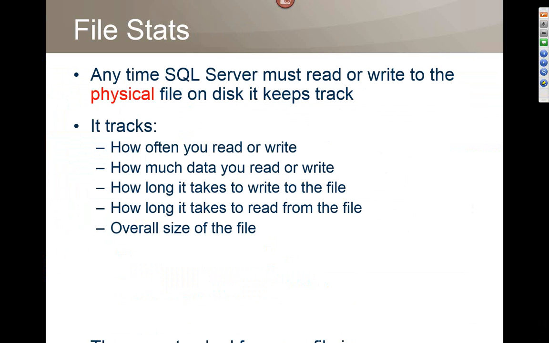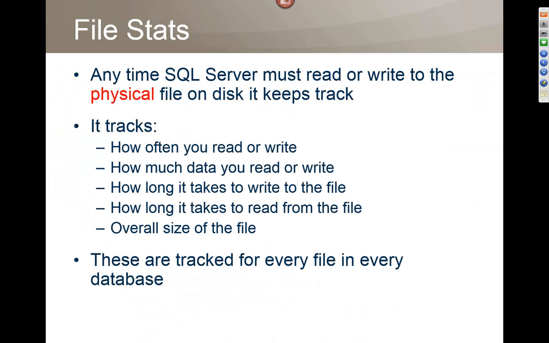Every time, let me just put this up here. Every time you physically read or write to a physical disk, SQL Server keeps track of that. It keeps track of how many times you wrote, how many times you read, how many bytes that you wrote or read, and then how long it took for that to happen. And they call it I/O stall. It's how many milliseconds that took to occur.